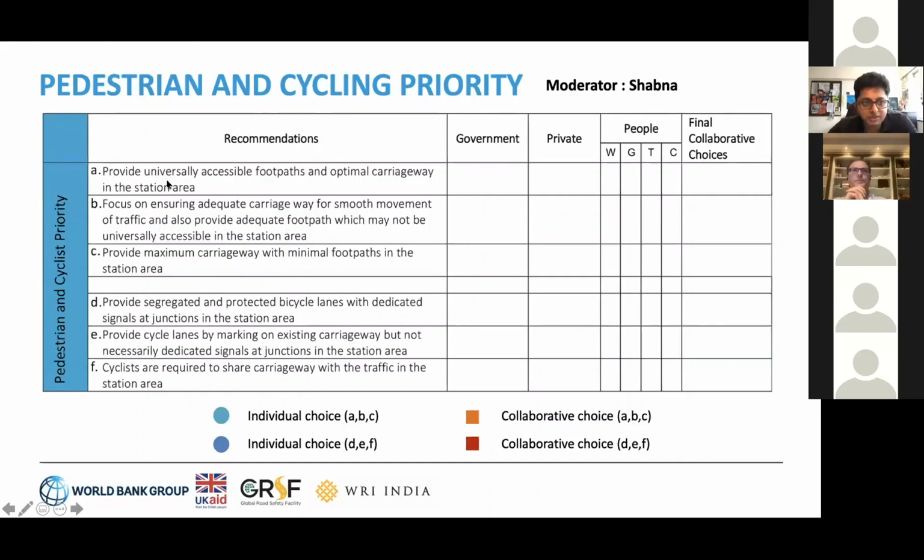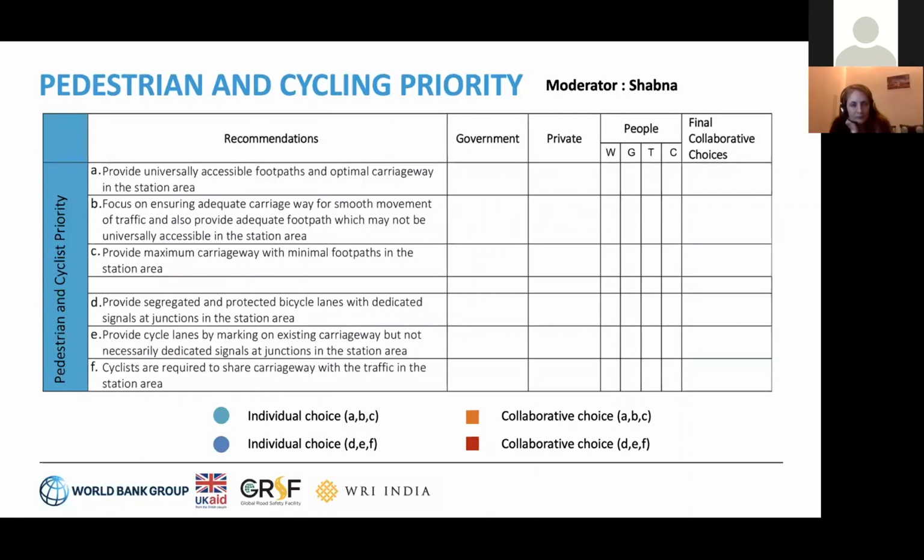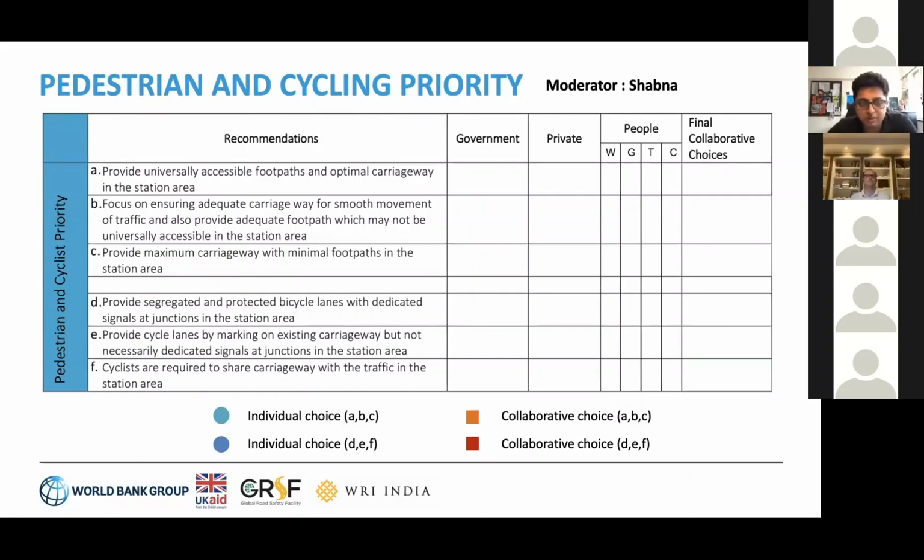So firstly, option A: provide universal accessible footpaths and optimal carriageway in the station area. This is talking about designing footpaths to the best extent possible with respect to optimal design standards. This could include adequate width of about a minimum of 3 to 4 meters, and properly designed ramps and bollards at property entrances.